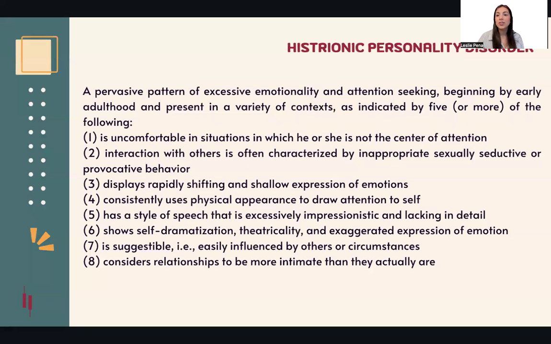They have a style of speech that is excessively impressionistic, meaning they love to boast about themselves and lack detail. They show self-dramatization, are suggestible, easily influenced by others, consider relationships to be more intimate than they are, display rapidly shifting and shallow expressions of emotion, consistently use physical appearance to draw attention to themselves, interact with others through inappropriate sexual seductiveness or provocative behavior, and are uncomfortable when they are not the center of attention.